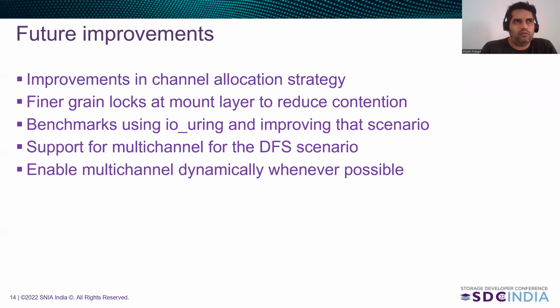The request consumption on each of the channels can happen at different speeds. As a result, this round robin strategy for spreading the requests across the channels may be suboptimal. So one of the improvements that we have identified but not yet worked on is to improve the channel allocation strategy for the requests.